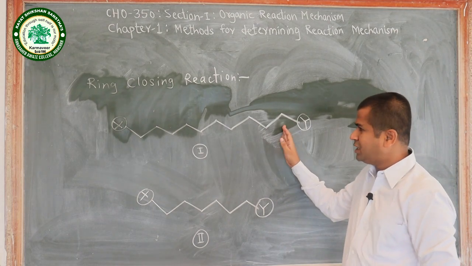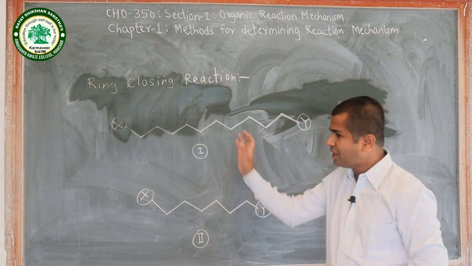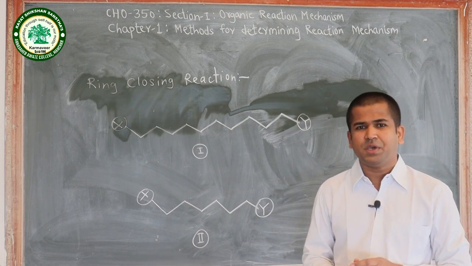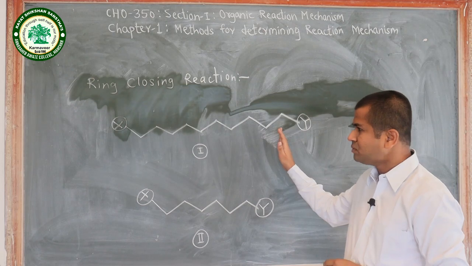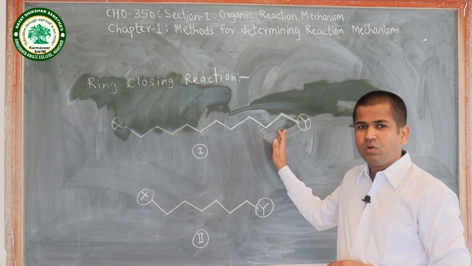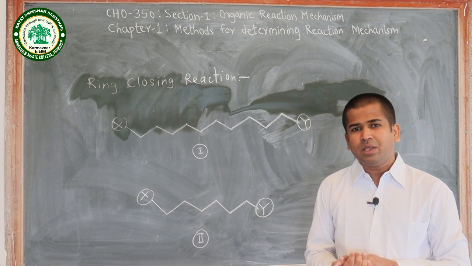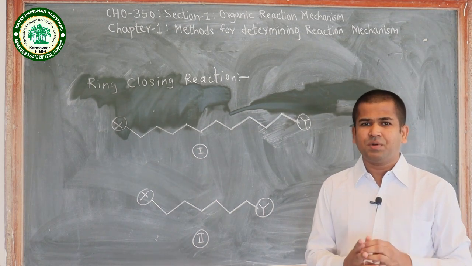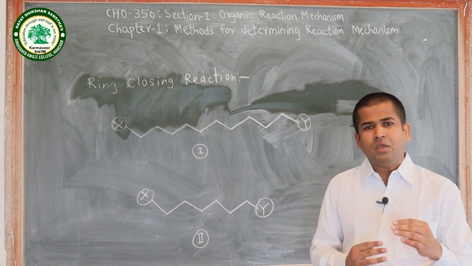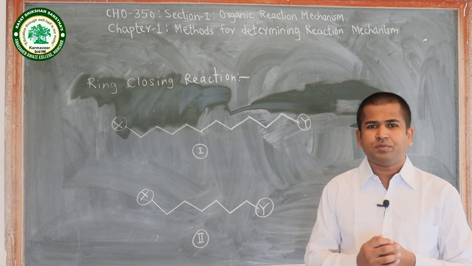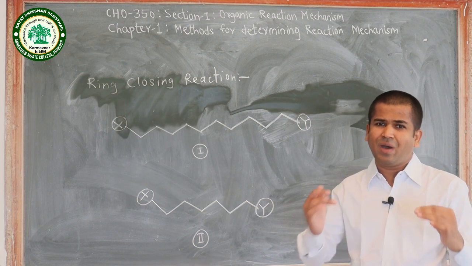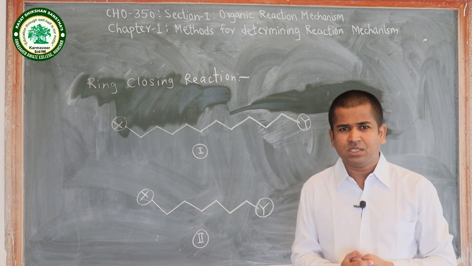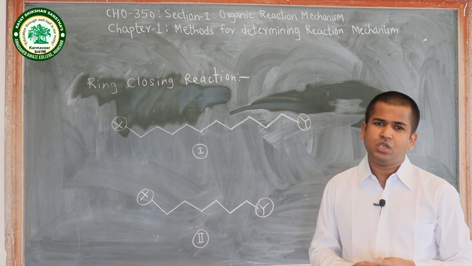In substrate 1, as it is a 10 carbon chain substrate, many different types of conformations are possible for compound 1. But for a ring closing reaction, only a few of the conformations have the two ends of the substrate, the X end and Y end, close to each other. In other conformations, these ends are not close to each other.